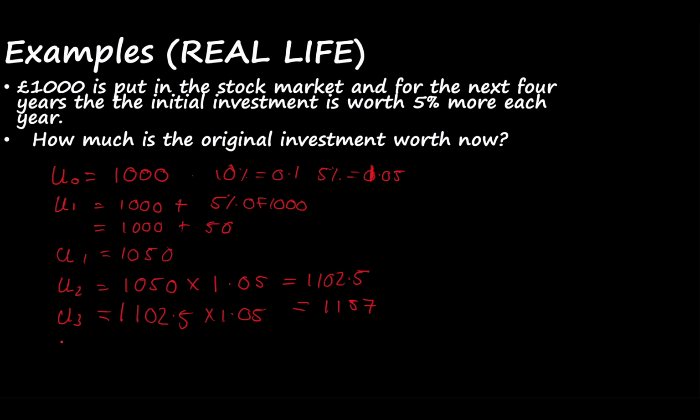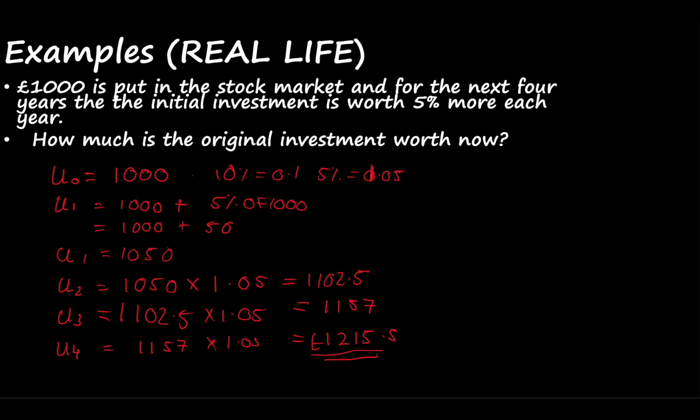And then for the last one, U4 equals 1,157 times 1.05, which is equal to £1,215.50. That is your final answer there.